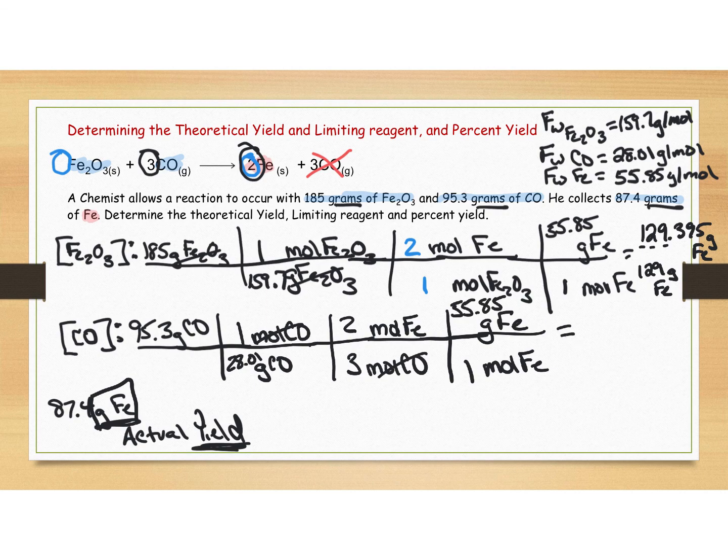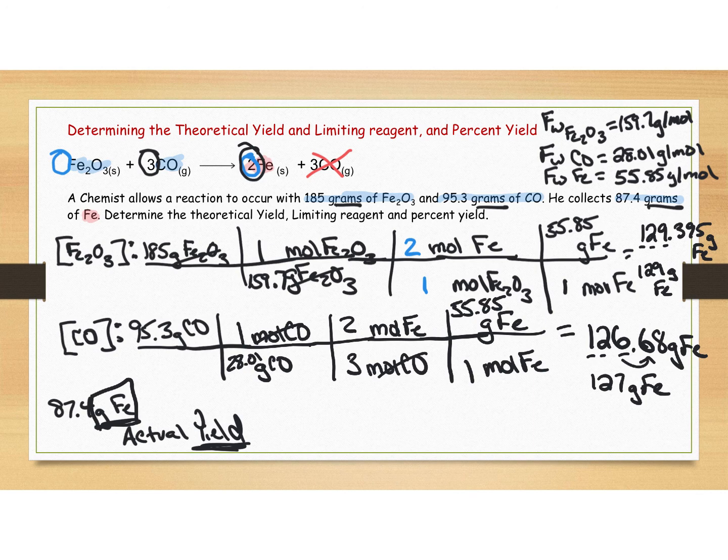So on my calculator, I'm going to do the 95.3 divided by the 28.01 times 2 divided by 3 times 55.85. And I got an answer of 126.68 grams of iron. Okay, and again, 3 significant figures. This is going to make this 127 grams of iron.